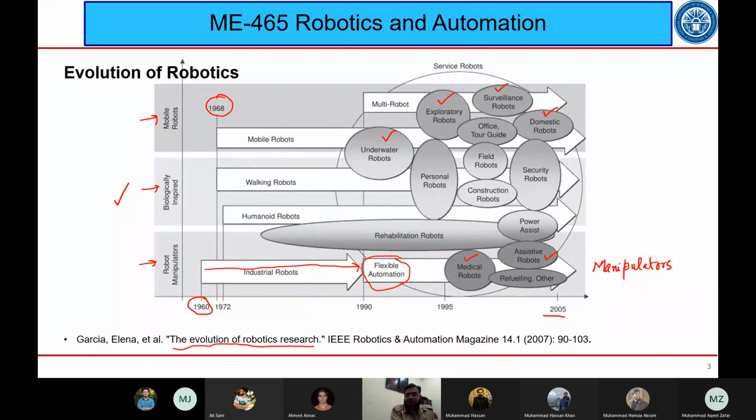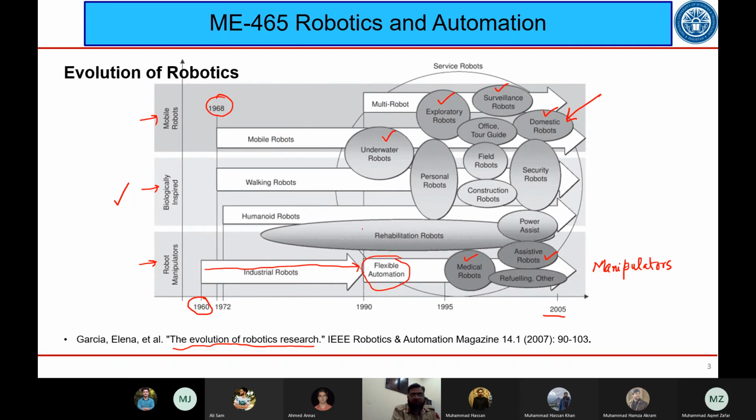In the time frame of around 2000 to 2005, there was a development of domestic robots. We are going to look at those also during the course of the lecture today. These are used by people in day-to-day life, resolving day-to-day issues, or helping and assisting people in the domestic field.